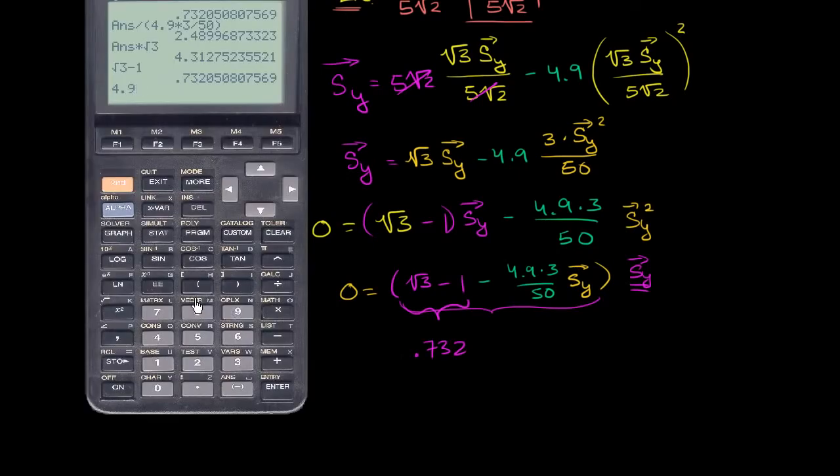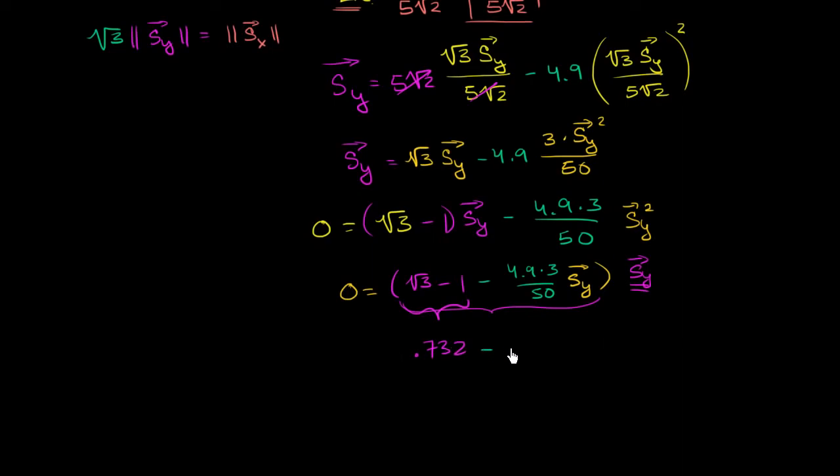I know this problem is getting long, but just pause it and take a break if you're getting tired. 4.9 times 3 divided by 50 is equal to 0.294. So minus 0.294. I could put a 0 out front just to make it clear where we are. Times this, times our vertical component.